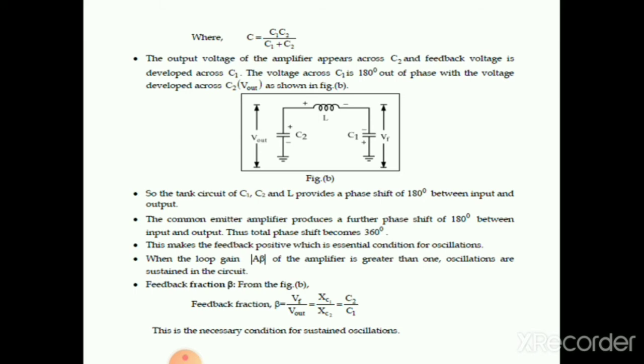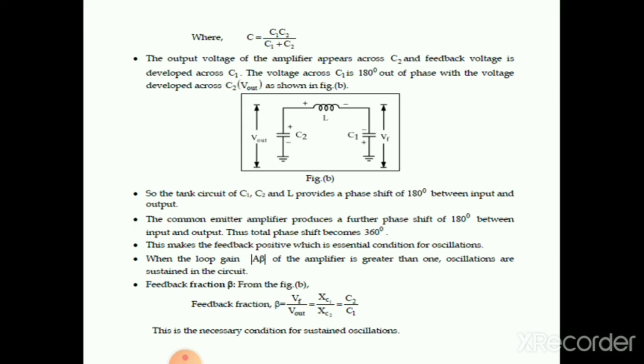appears across C1, and C2 and C1 both have voltages which are 180 degrees out of phase. The output voltage of the amplifier appears across C2 and the feedback voltage is developed across C1. The voltage across C1 is 180 degrees out of phase with the voltage developed across C2, as shown in the figure.